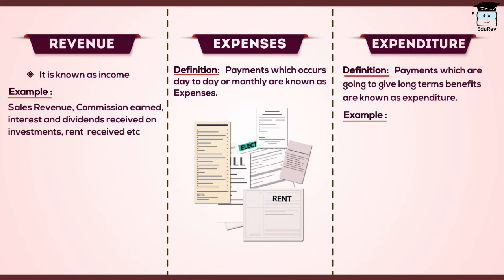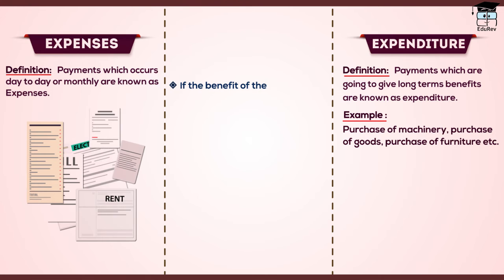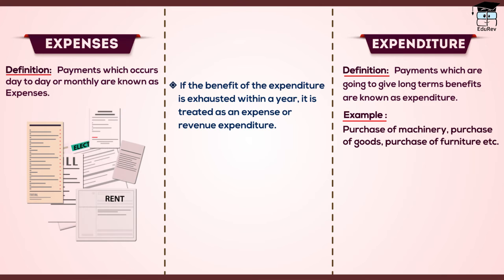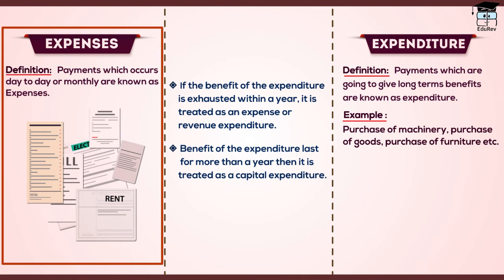A few examples of expenditure are purchase of machinery, purchase of goods, purchase of furniture, etc. Note that if the benefit of the expenditure is exhausted within a year, it is treated as an expense or revenue expenditure. On the other hand, when the benefit of the expenditure lasts for more than a year, then it is treated as an asset, which is also known as capital expenditure, such as purchase of furniture, machinery, etc. Have you got the difference between expenses and expenditure?